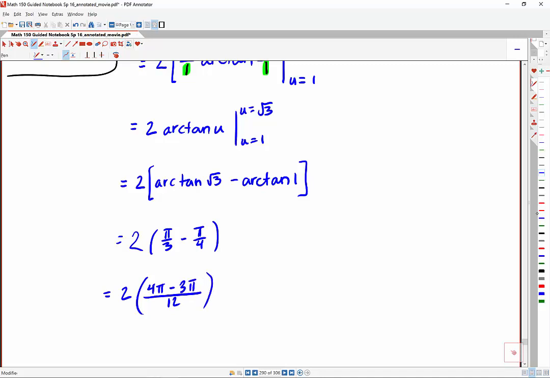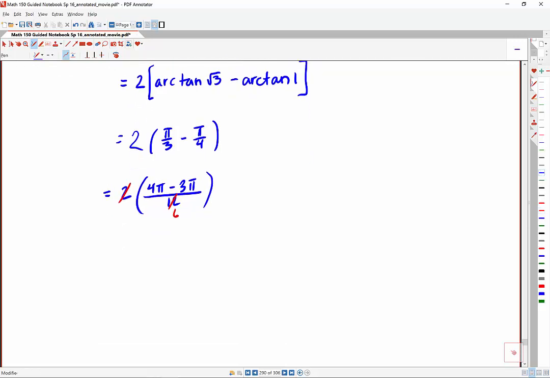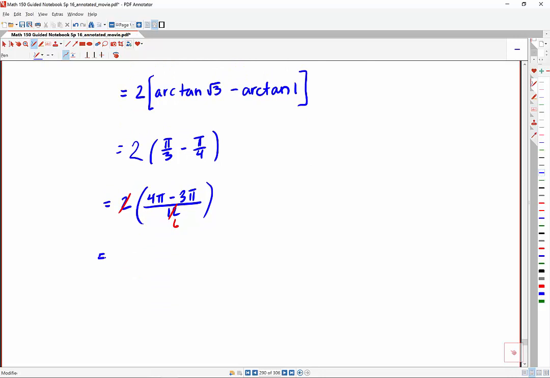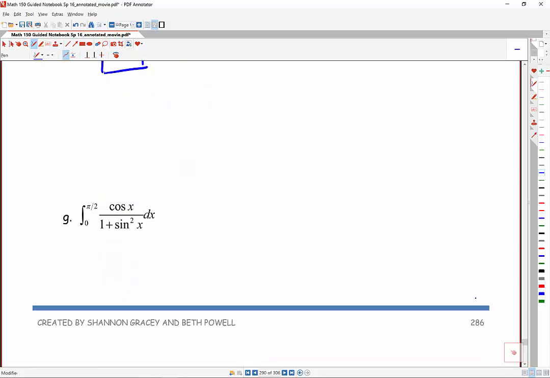The 2 divides out some of the 12, and at the end of the day, we'll have, perfect, pi over 6. Cool? Awesome. All right, so next up, another definite integral.